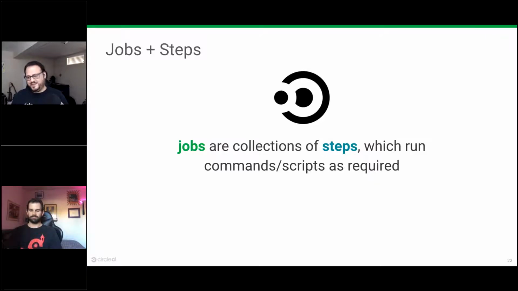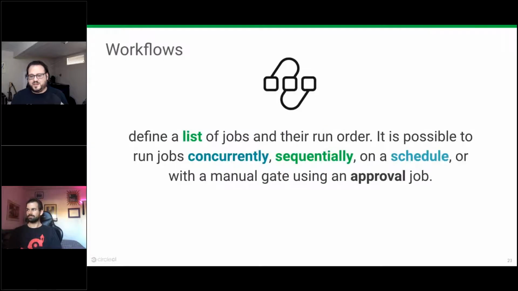So these are things like running AWS commands, or running a Snyk command to scan software, which I'll show you a little bit later in the presentation. Then we're talking about workflows. Workflows just orchestrate all of the jobs that you have created in your configuration file, and basically kick off those jobs in the order that you desire.